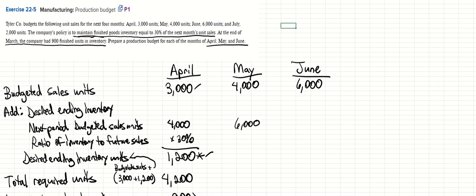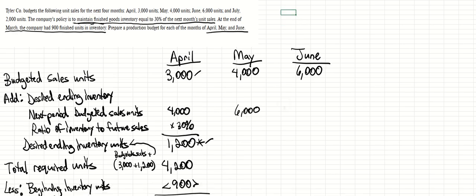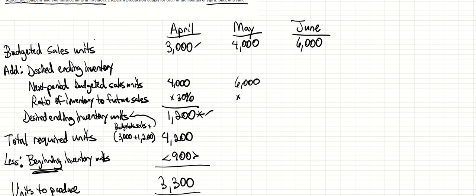And they already gave us the ratio here, this percentage of 30%. So we're going to take 30% of 6,000. That's going to be 1,800. And that's going to be our desired ending inventory in units.